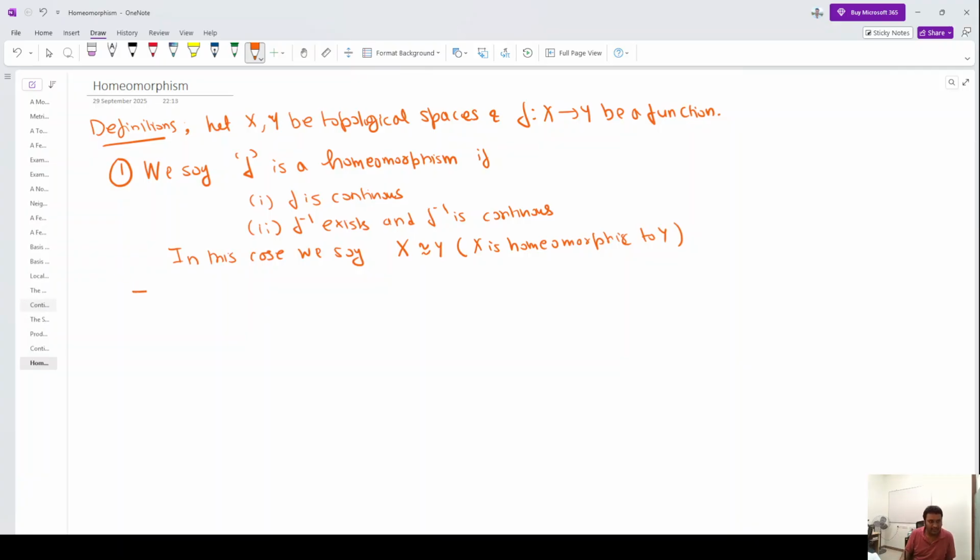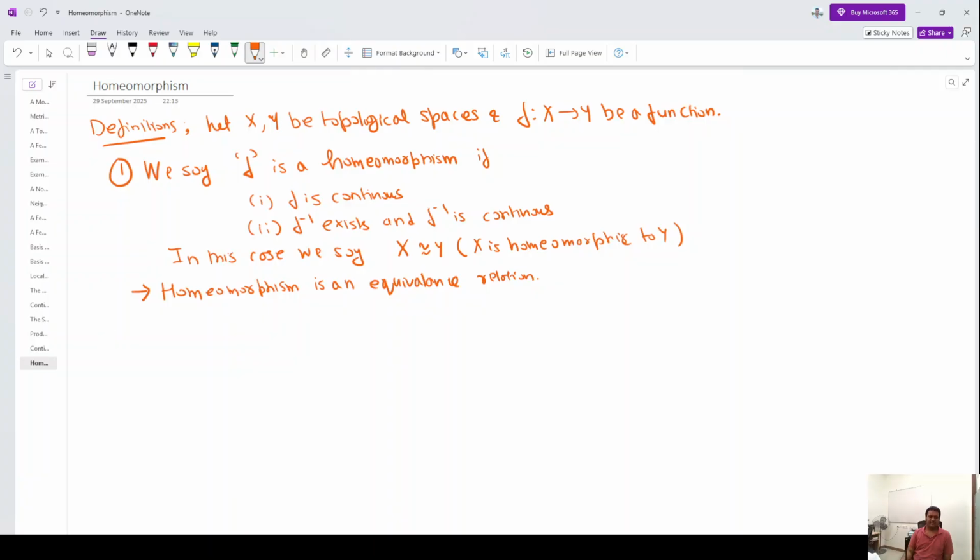You can prove that homeomorphism, this property of two spaces being homeomorphic, is an equivalence relation. Okay, we will see examples.